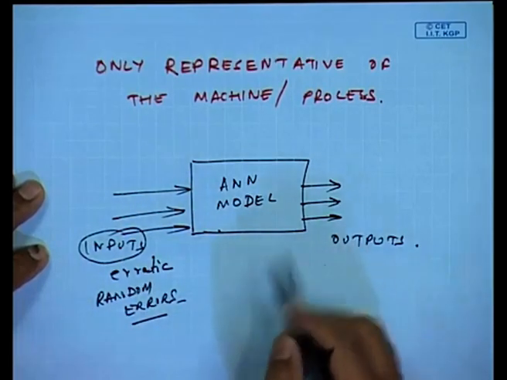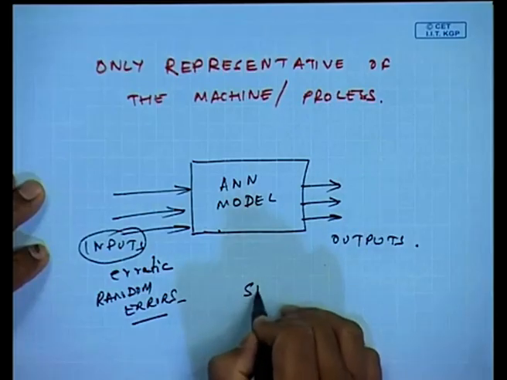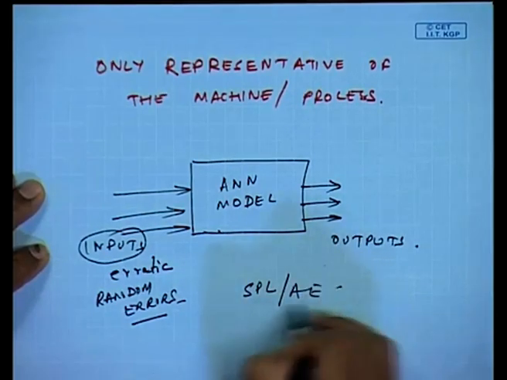So in this case, we decided not to use the SPL and the acoustic emission signal.